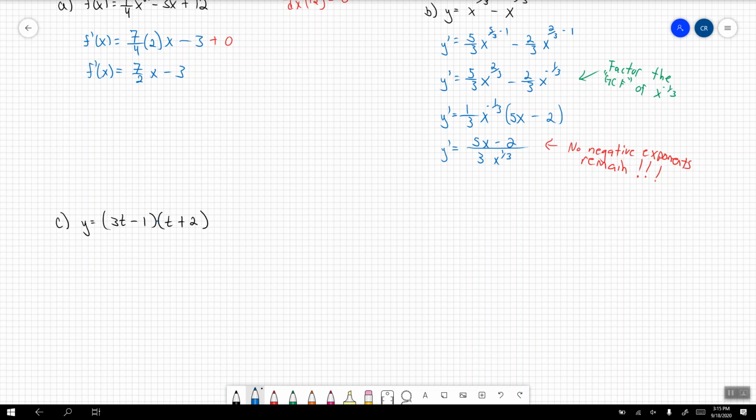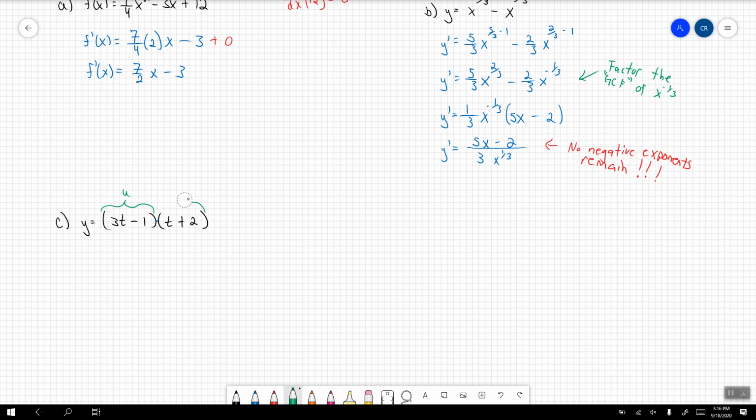Okay, so what I'm going to do really quickly is identify what is my u and what is my v. That way I can go through and substitute u prime times v plus v prime times u, so on and so forth. I'm going to make my substitution. That first term is going to be u, and that second term is going to be v.